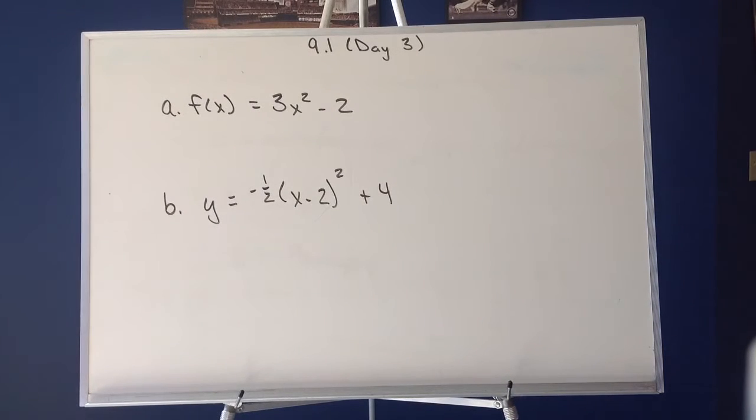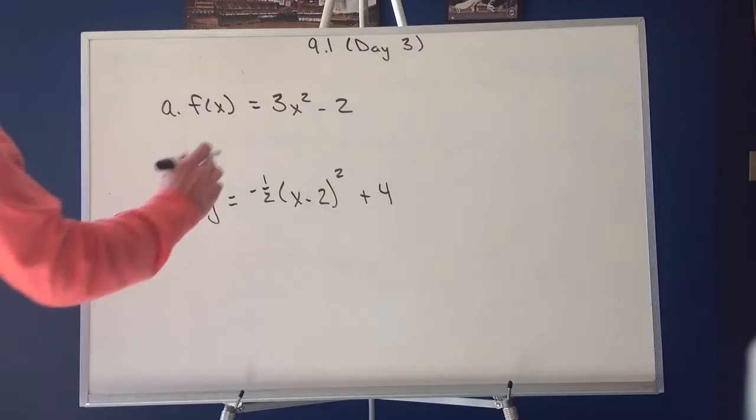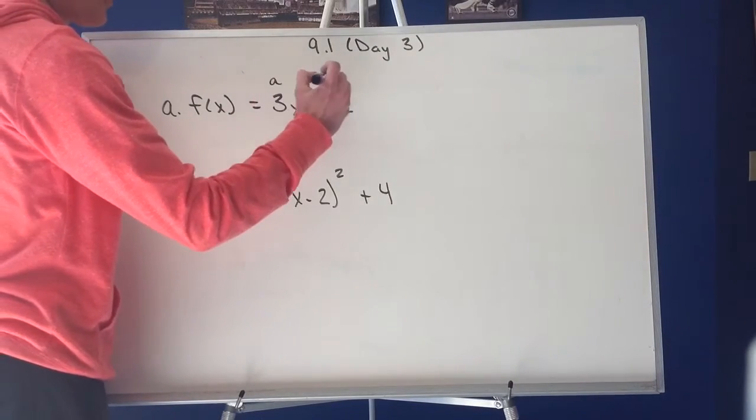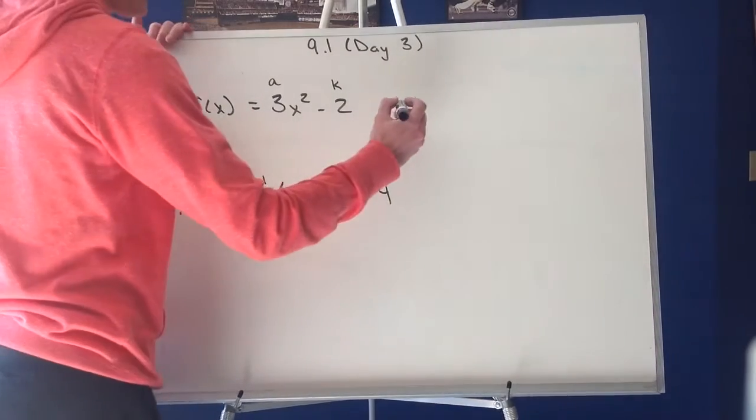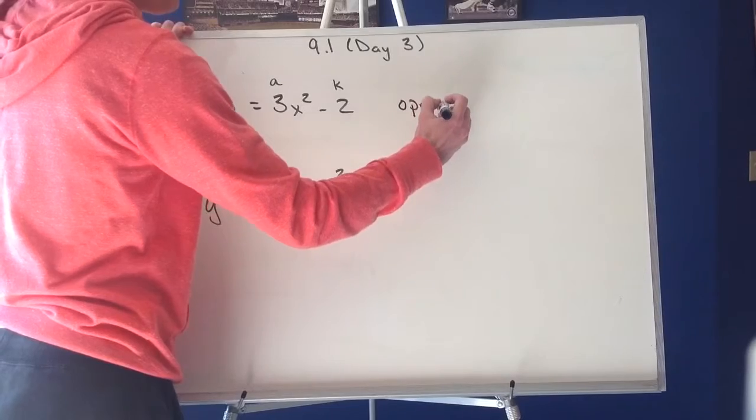Alright, so these are the first two we're going to look at here. Again, very, very similar to ones that you did before, like I said, but we'll go through them. Okay, so in this problem you have an A and you have a K. There's no H because there's no parentheses. Because the A is positive, it tells me that it's going to open up.